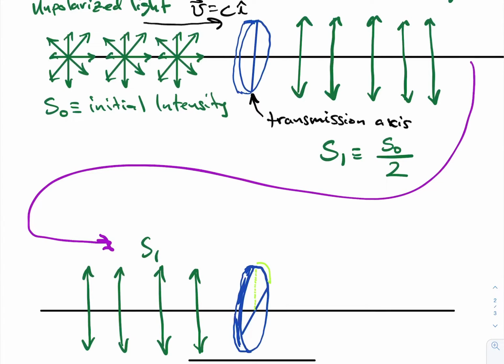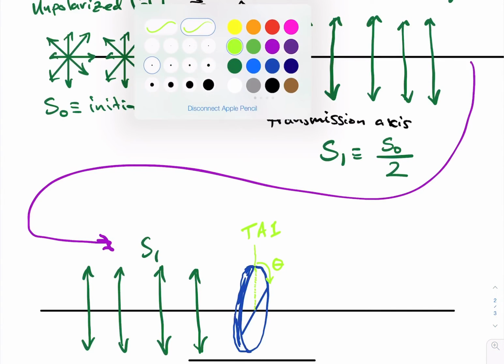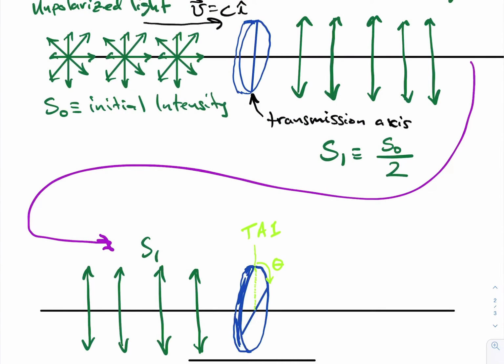And so there's an angle theta between the initial transmission axis of our first lens, which we'll call the transmission axis 1, and our second transmission axis now, the blue one. And that's going to emit light only oscillating in the same direction as its transmission axis. And so that will lower the intensity of light as well. So this will be S2.